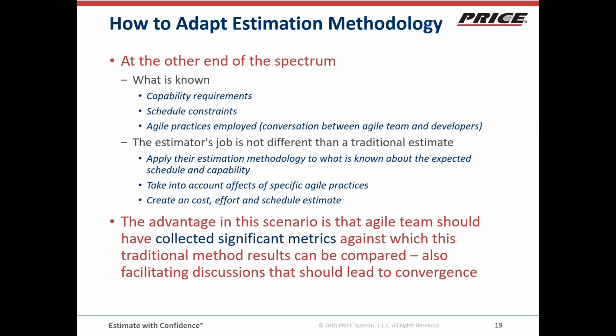And from this perspective, it is the same as estimating any software project. You want to base it on whatever size they think they're going to work towards, and on whatever schedule they want, but you're still going to need size and schedule as your main estimating drivers, and you can't just do the math like you could at the left end.